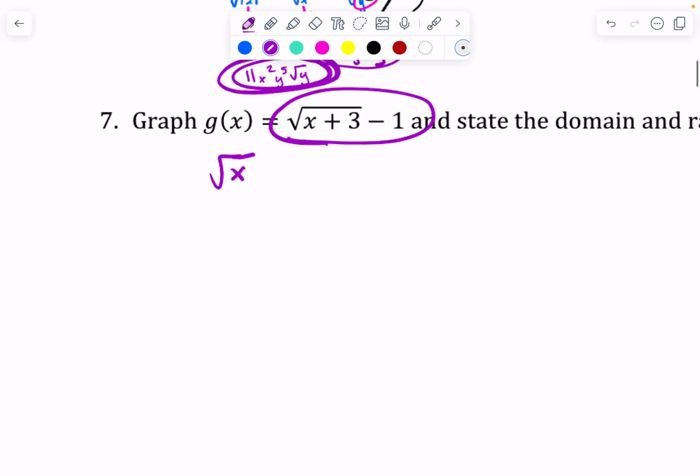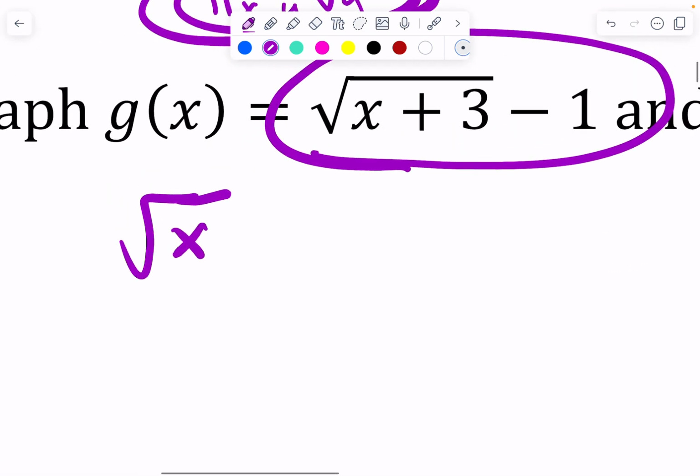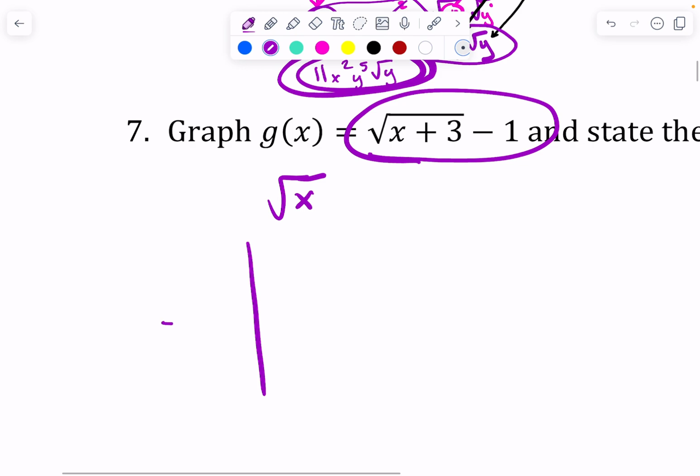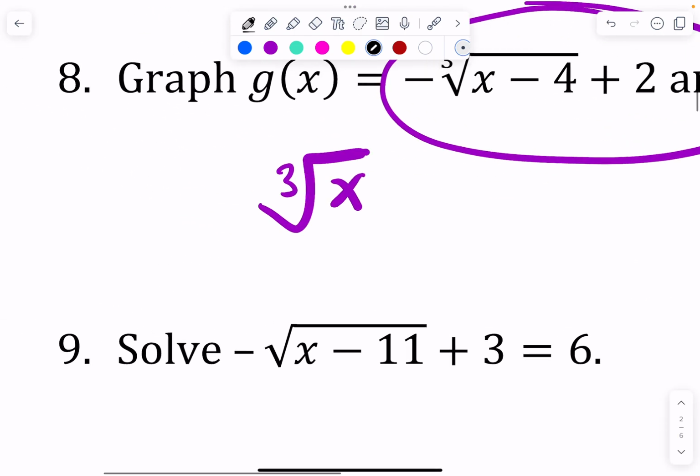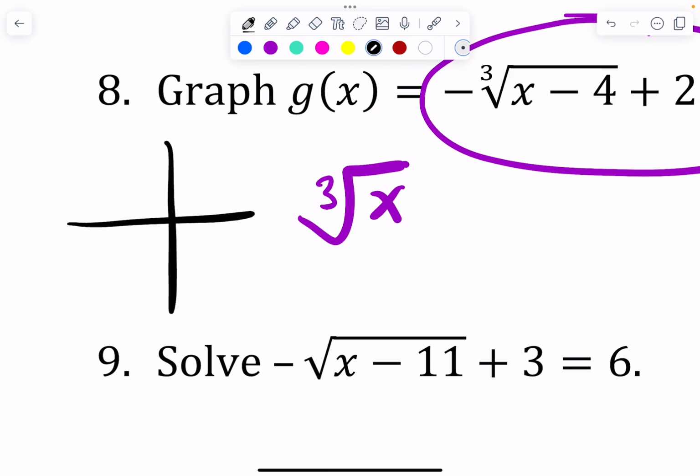Okay, so a square root, here's what a square root looks like. It starts in the center, and it goes like this. That's what it looks like. Okay, a cubic root, this is what the parent function of a cubic root looks like. It starts here, and it goes this way, but it also goes this way as well, right?